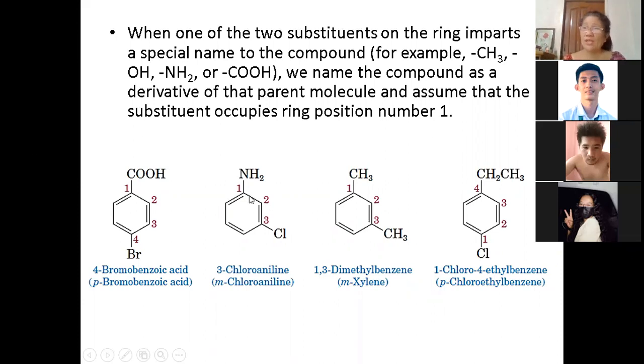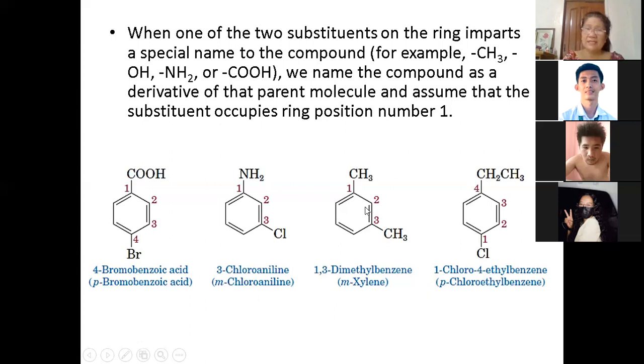So therefore, it should not be 5-chloroaniline. That is wrong. It should be 3-chloroaniline. Same thing here, you cannot count 1, 2, 3, 4, 5, because it goes far away.